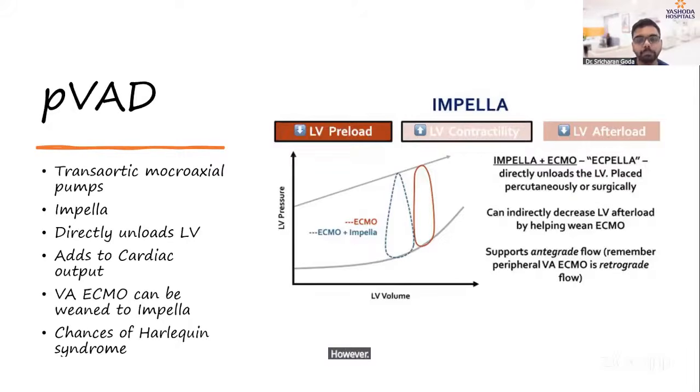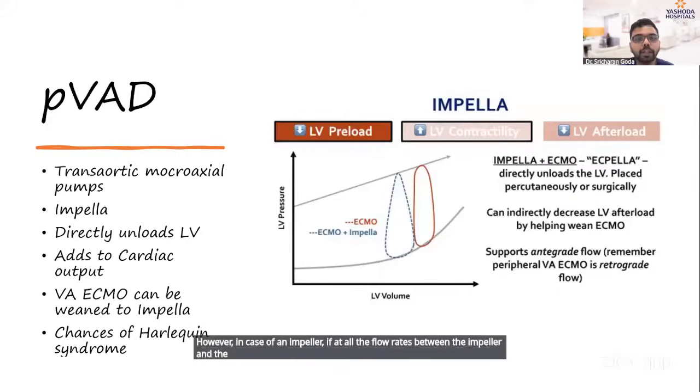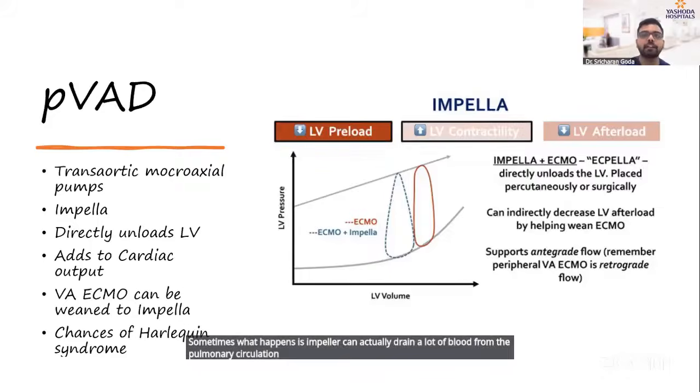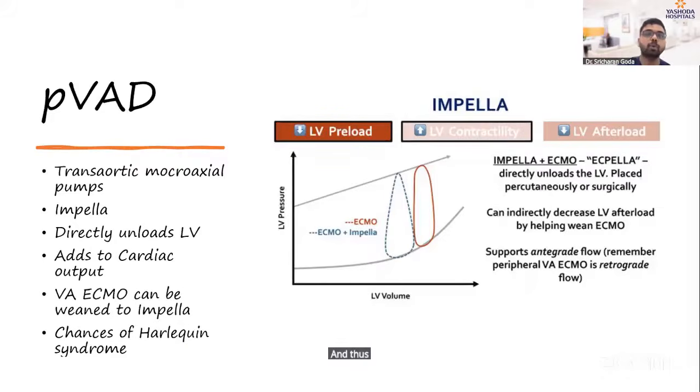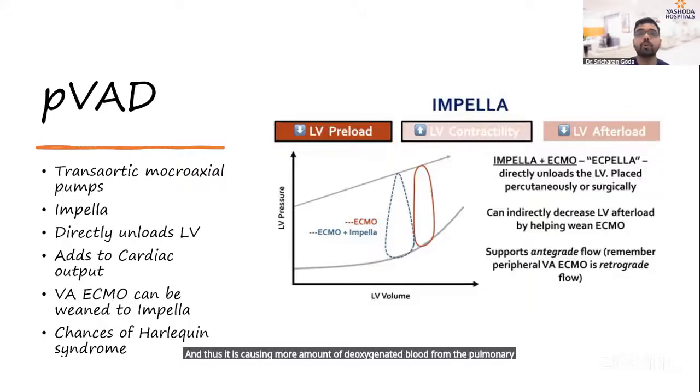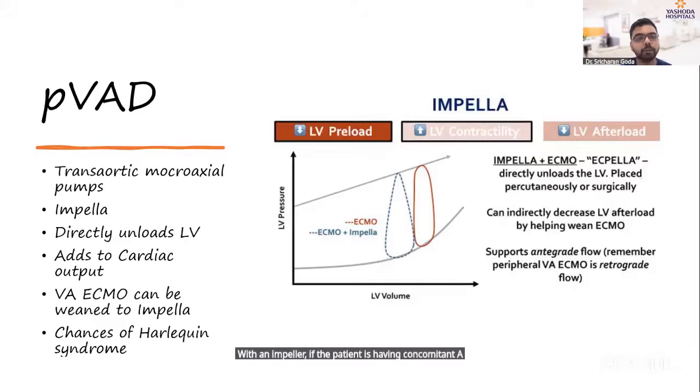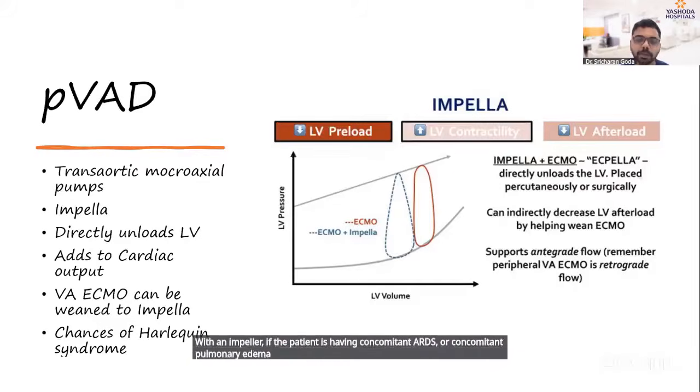However, in case of an Impella, if the flow rates between the Impella and the ECMO are not regulated tightly, sometimes the Impella can actually drain a lot of blood from the pulmonary circulation if it is placed at higher flow rates, thus causing more deoxygenated blood from the pulmonary circulation to be ejected out into the aorta, if the patient has concomitant ARDS or pulmonary edema or pulmonary disease per se.